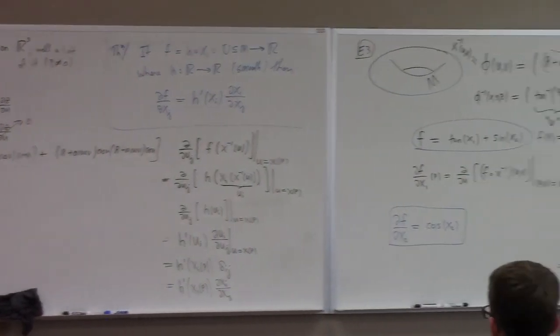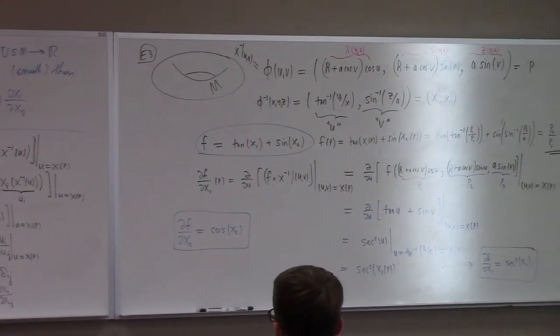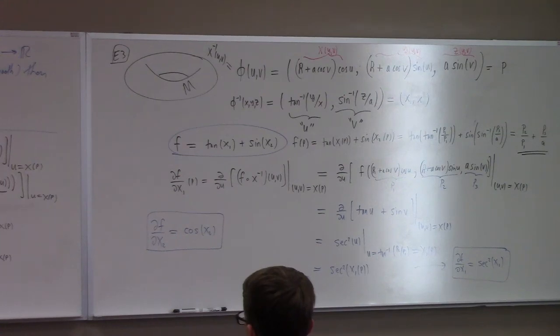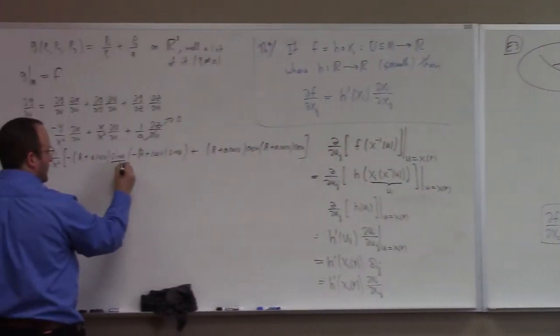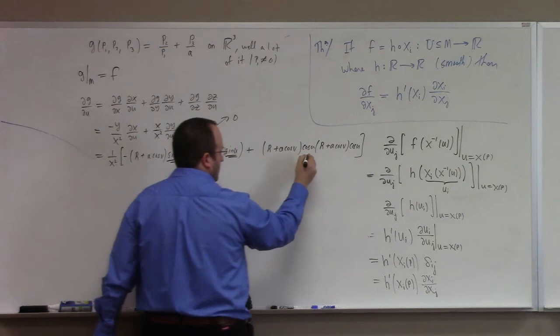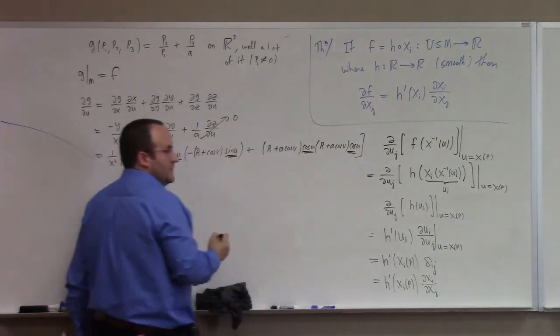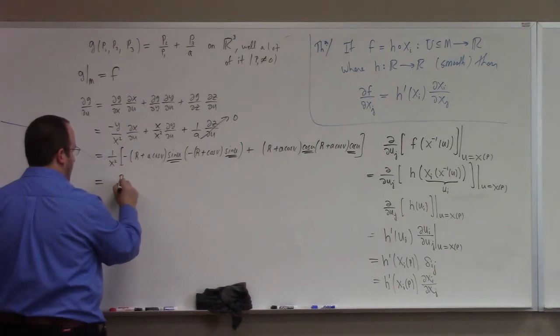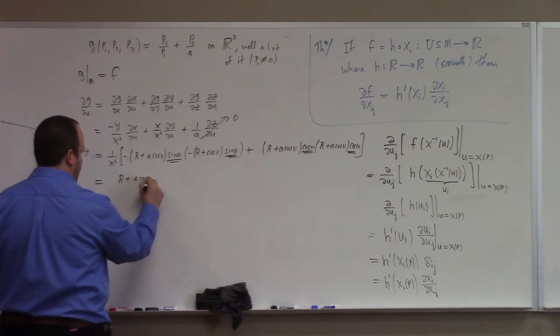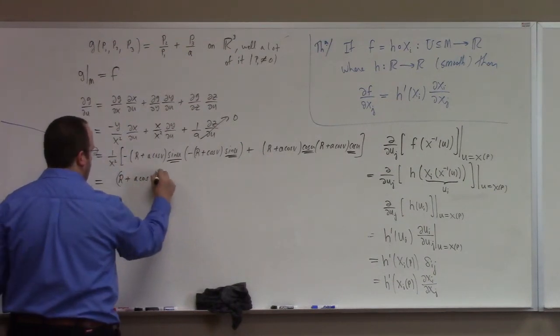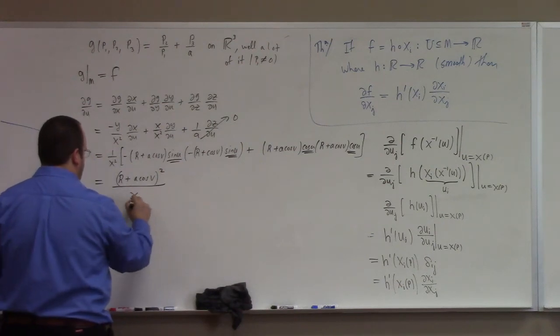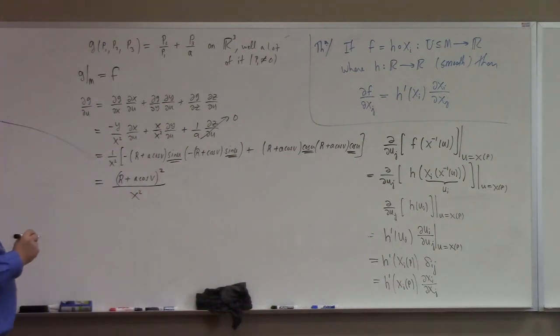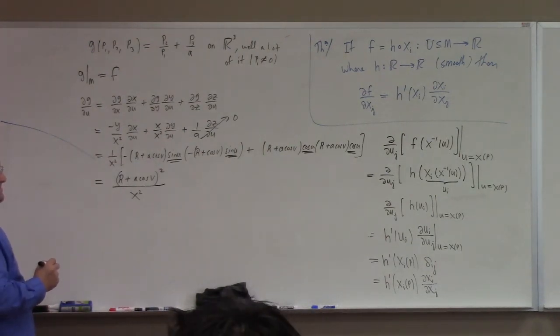So what is this? So we have a net total of (r plus a cosine of v) quantity squared divided by x squared. There's supposed to be an a in the second r plus a cosine v.